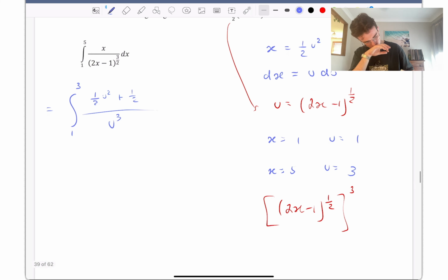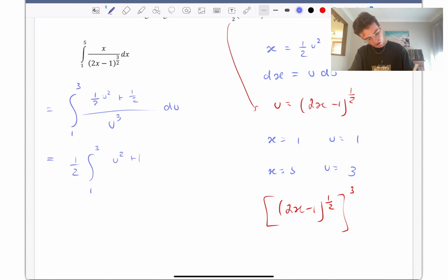Right, we're almost there. Here we've got a half and a half. I reckon we can factor that out and put a constant of a half out the front. So it's equal to a half times the integral from 1 to 3 of (u squared plus 1) on u cubed.